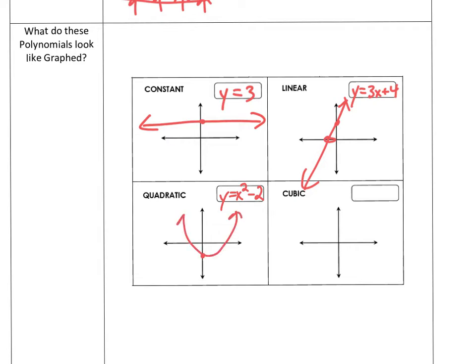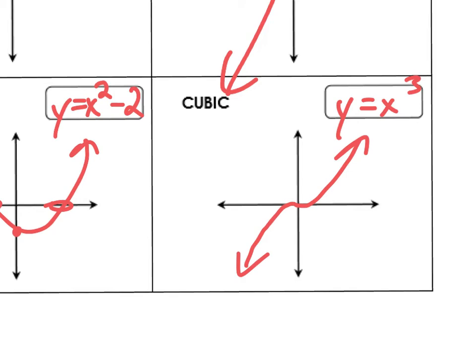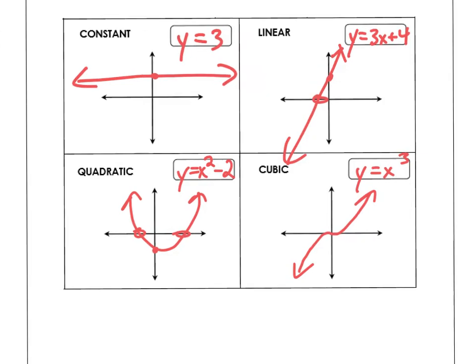Looks something like this. How many times did that cross my x-axis? 2 times, okay? And then let's say we had y equals x to the third. We've graphed those before as well, it would look kind of like this, okay? I can't really tell if that crosses my x-axis. I know that it does. I know it crosses 3 times, but sometimes it's a little bit hard to tell, okay?